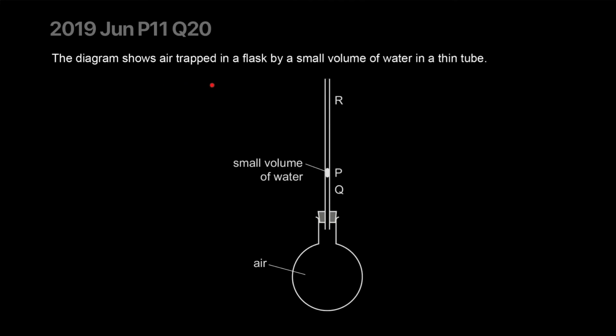The diagram shows air trapped in a flask by a small volume of water in a thin tube. The question is saying the small volume of water first goes down to Q, and a few moments later it rises all the way up to R. Everyone knows why it's rising up to R: the heat from the palm expands the air inside, and it pushes, like a mercury thermometer where the heat expands the mercury and pushes it out.